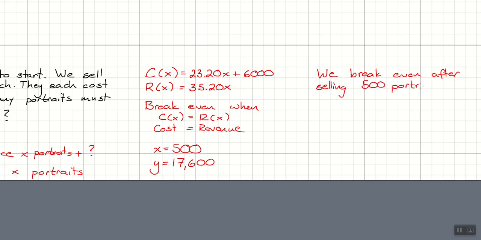I could have asked how much revenue you need to break even. We could have answered that, and I'm just going to put this in parentheses because it wasn't the question we asked, but it's just a different way to express it. We need to sell $17,600 worth of portraits to break even. Now the good news is that demand is super high for Holloway portraits these days, so it'll go pretty quick.